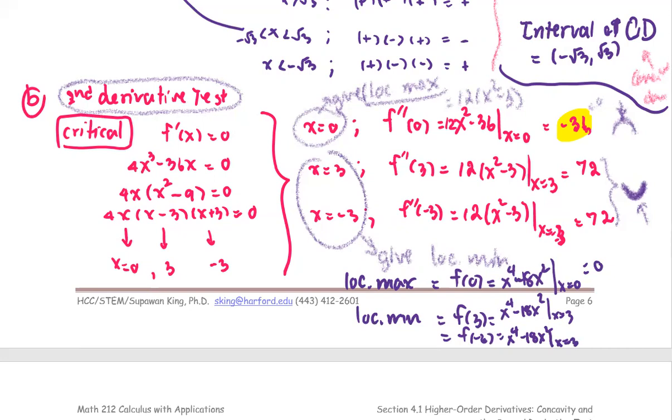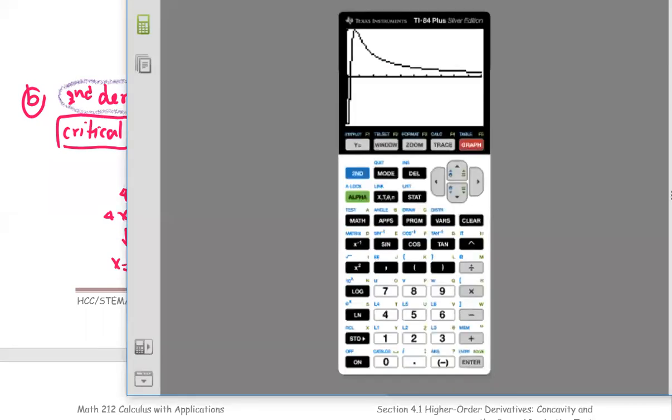So let me share the screen real quick. So x to the 4th minus 18 x squared. Let's clear this. We're going to have 3 to the power 4 minus 18 times 3 to the power 2.